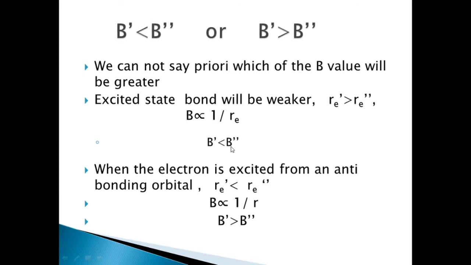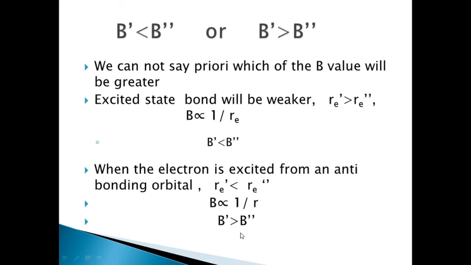But in some other cases, that is when the electron is excited from an anti-bonding orbital, the equilibrium bond length of the ground state is greater compared to the excited state. So in that case the rotational constant of the ground state is less than that of the excited state.